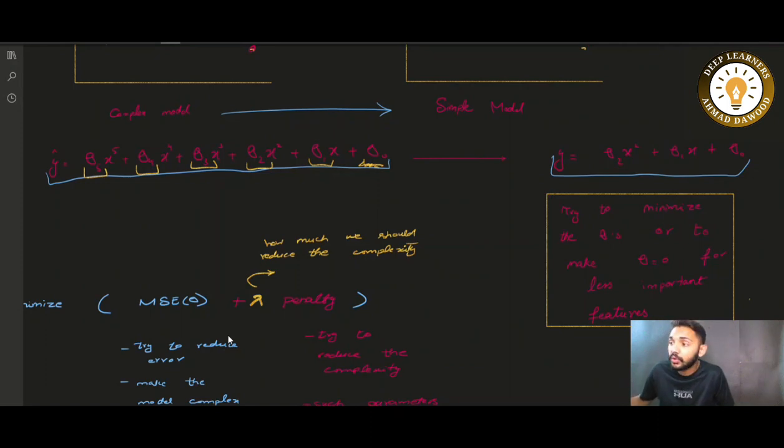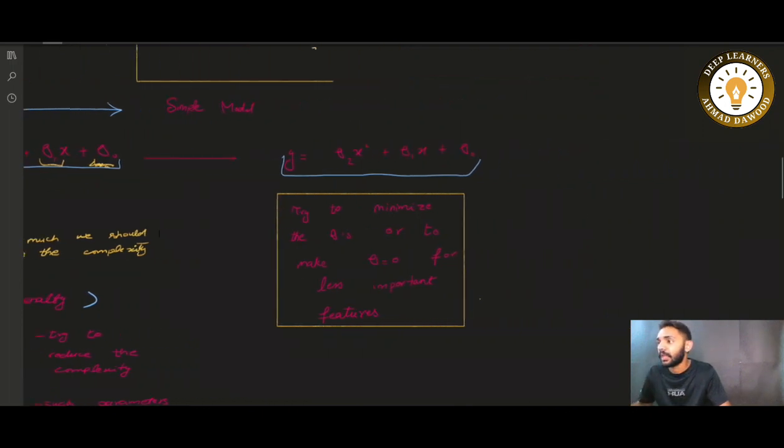In this way you reduce the complexity of your model. Keep in mind, these coefficients are actually the slopes of your model. So you can reduce the complexity by reducing the values of coefficients, or by eliminating some coefficients, where eliminating means making some parameters equal to zero.